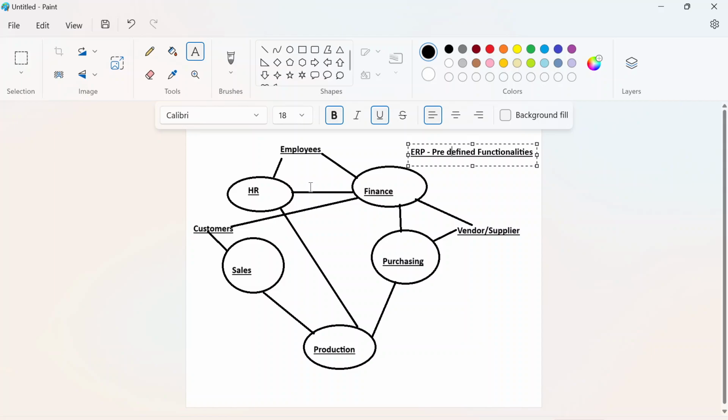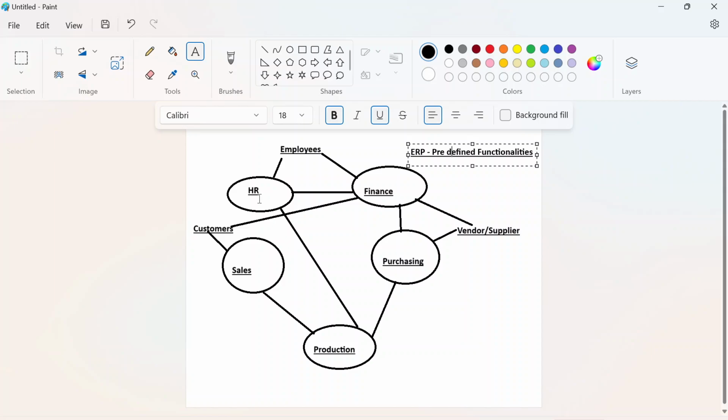By using enterprise resource planning software, there is a better integration between all the different departments of the company and it will improve the performance of the company. Okay? ERP software will improve the performance of the company. The main advantage of the ERP software is it is a single point of truth or single point of data. You don't need to go to different systems to get the data of the HR department, sales department, purchasing department, finance department. You don't need to use many systems to run all these applications.